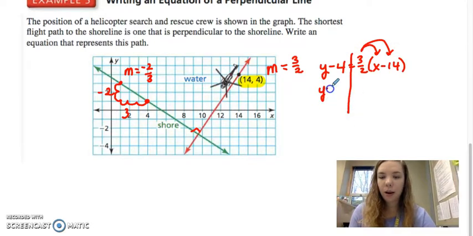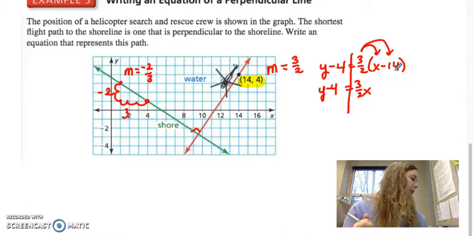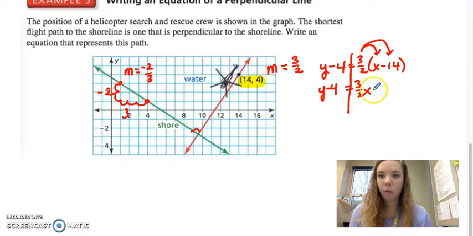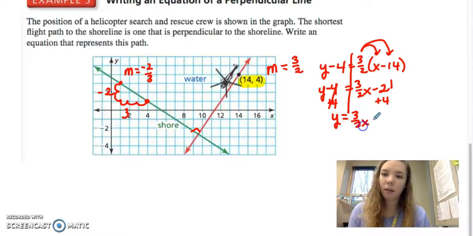So then I'd have y minus 4 equals 3/2 x minus 21. And then when I add 4, I'd have y equals 3/2 x minus 17.